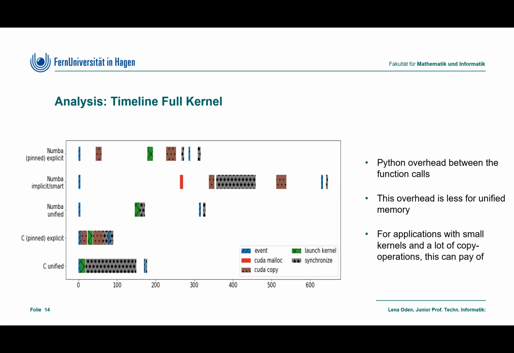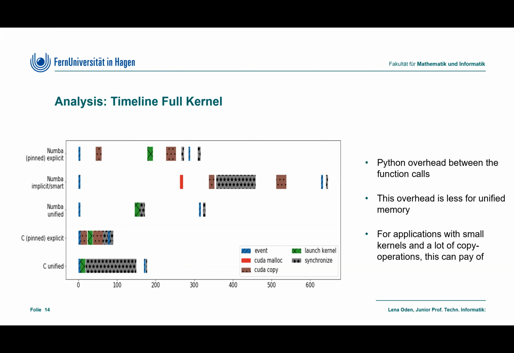And basically this is the reason why unified memory is better for, let's say, small data transfers and small kernels, because you reduce your number of function calls. Because you have fewer function calls, the Python overhead gets less: you don't have to do malloc calls, you don't have to do copy calls, you just call the event, you launch your kernel, you synchronize your kernel, and then you finish.